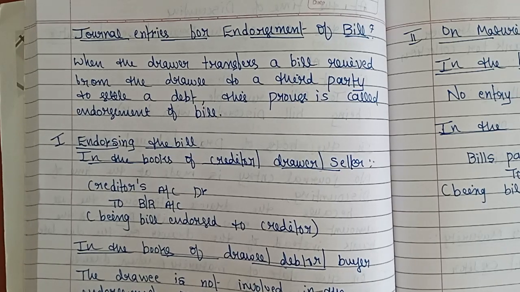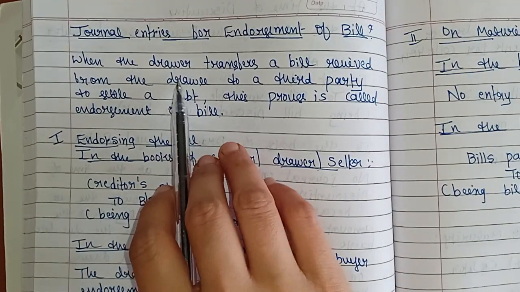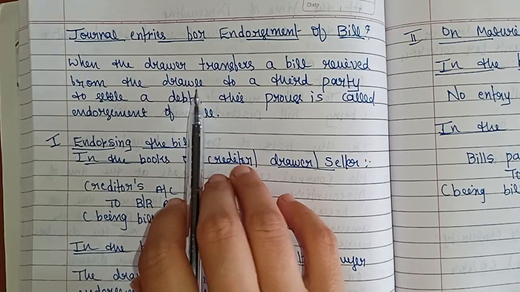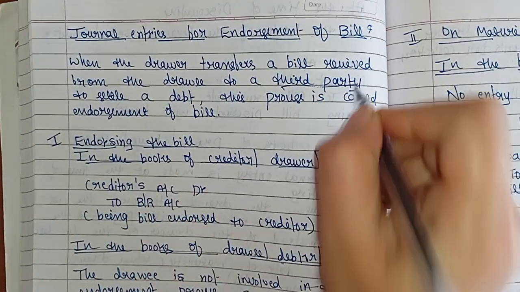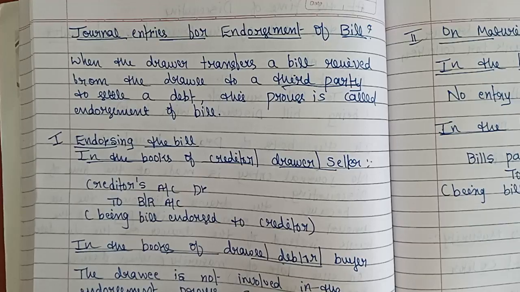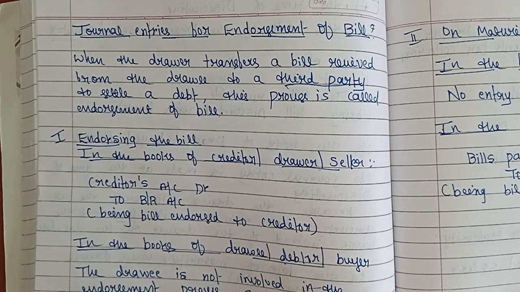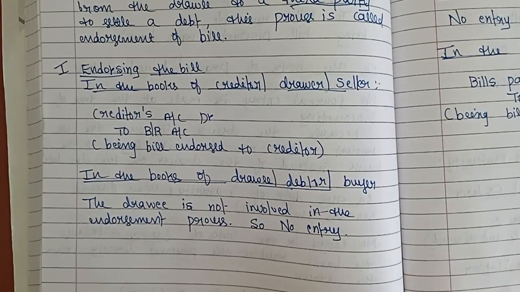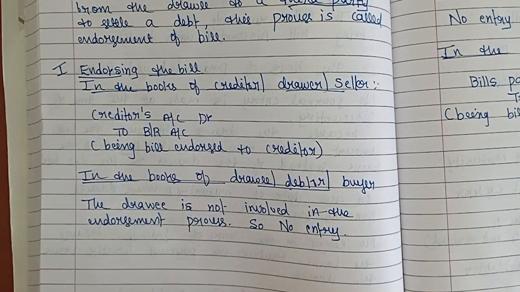So it means when the drawer transfers a bill received from the drawee to a third party to settle a debt. This process is called endorsement of bill. Means the drawer uses the bill to pay someone else. Clear?